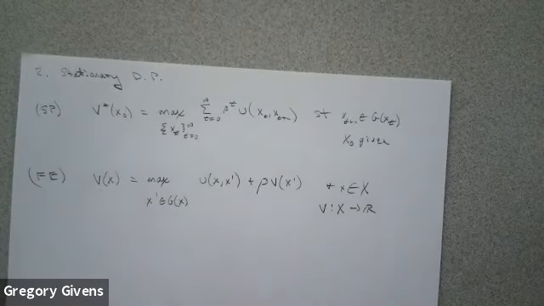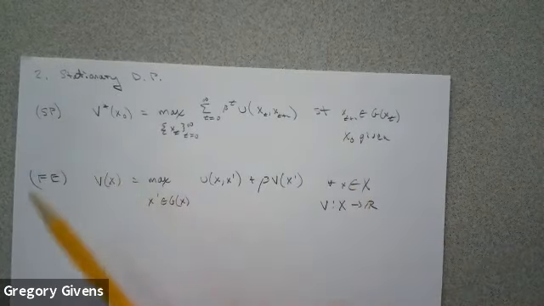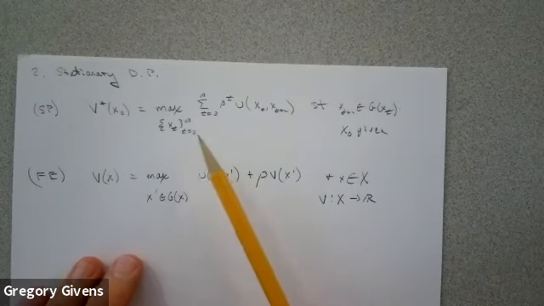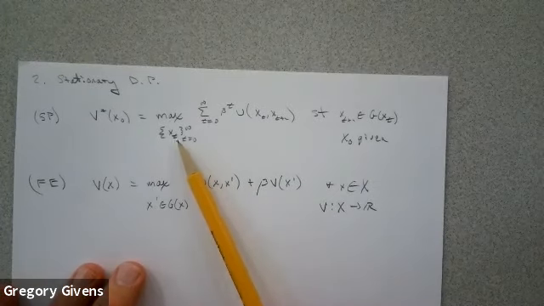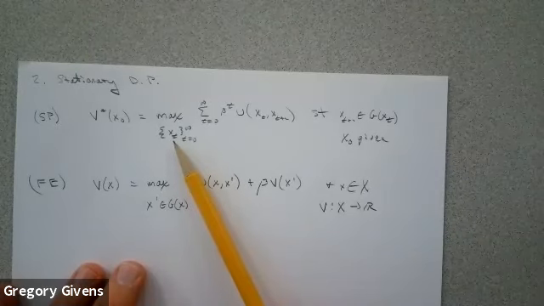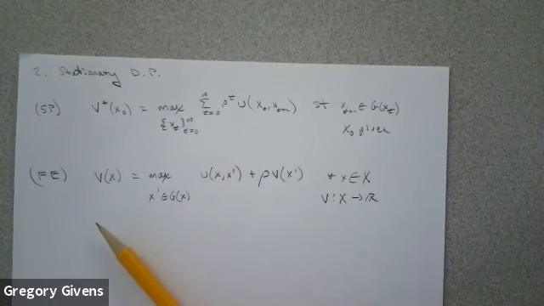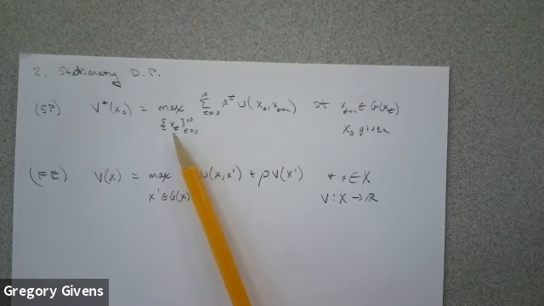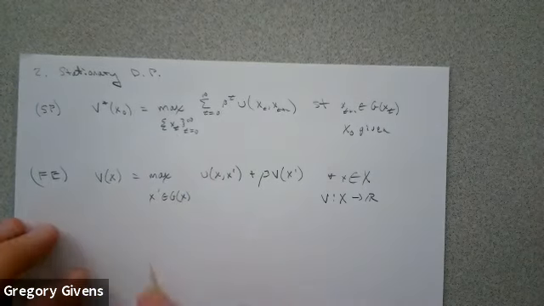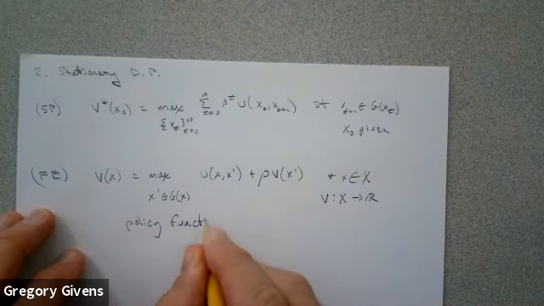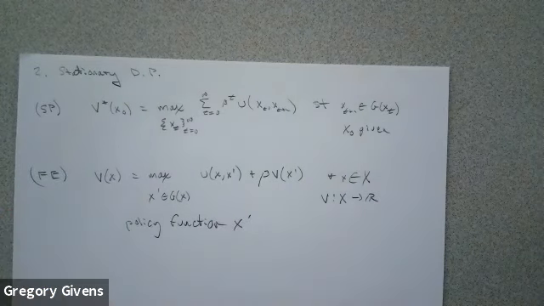Now the difference between the sequence problem and the functional equation is pretty straightforward. In the sequence problem, you have to characterize a countably infinite number of x's over time. That's what you're looking for, this sequence of x stars. In the functional equation, you're actually looking for something different. Instead of an infinite number of x's, what you're looking for is a single, what's called policy function, which I denote x prime.